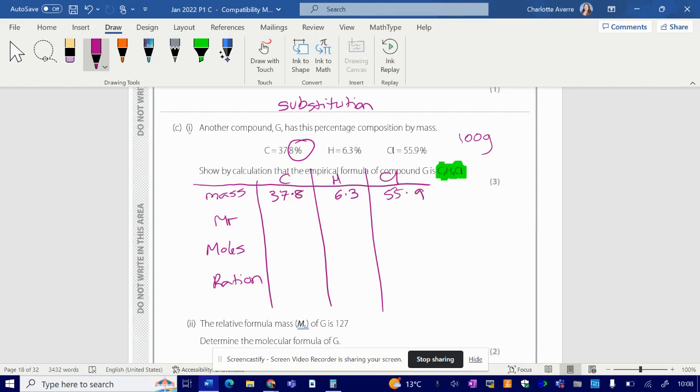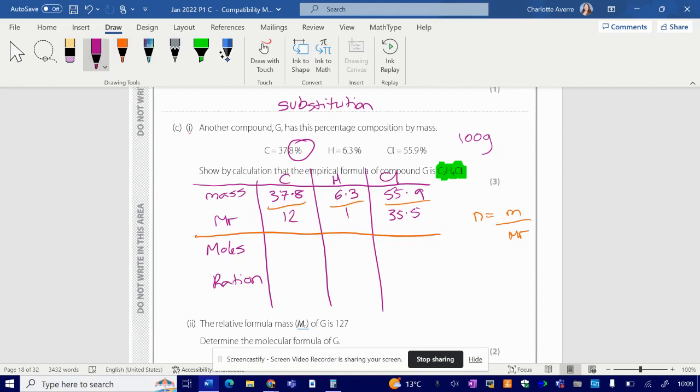We are just now assuming that it's a mass. You need the MR of the element, which you're finding on the periodic table. Carbon has a mass of 12, hydrogen of 1 and chlorine is 35.5. And you're going to work out the number of moles by dividing the mass by the MR, which is why I added the MR in there. It makes it nice and easy to do.